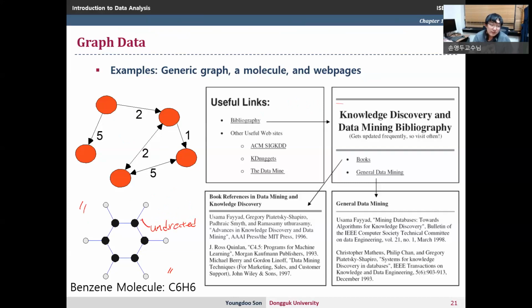So the edges between the atoms in the molecules are undirected. However, the hyperlinks between the web pages can be directed. There is only one way, and it does not guarantee the other way's existence.